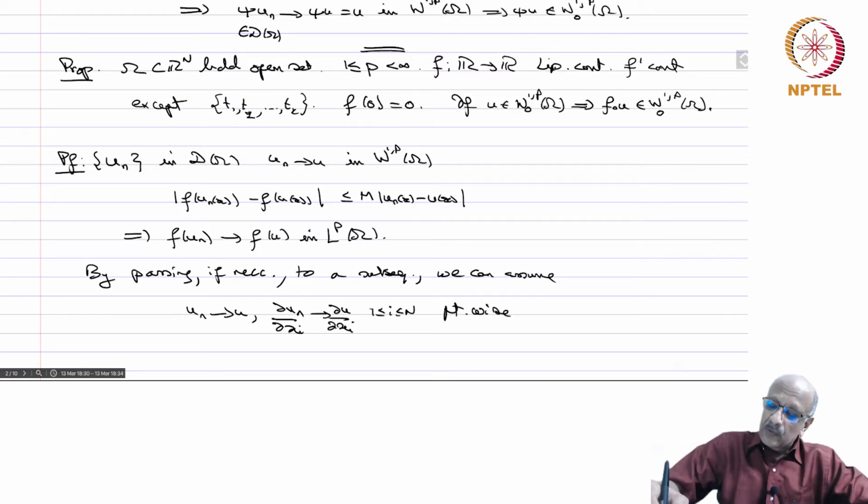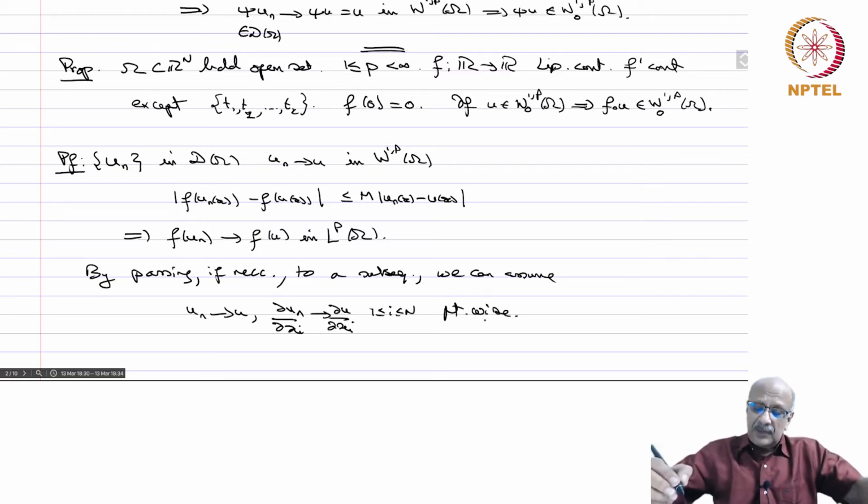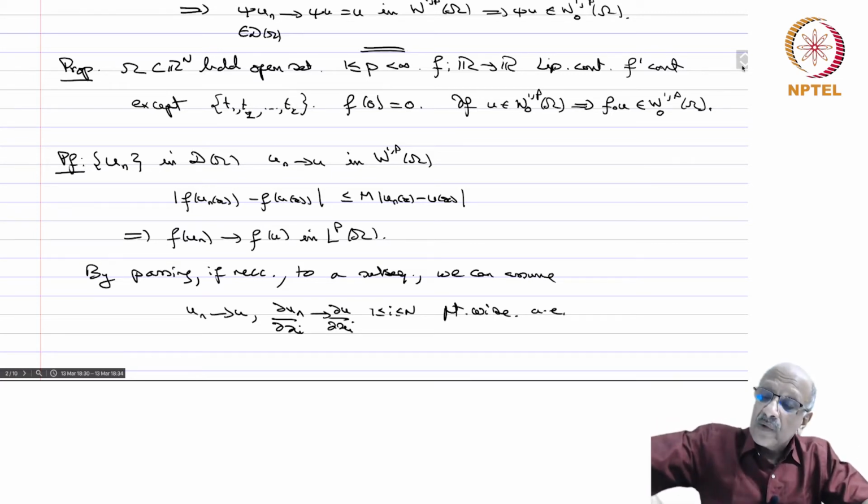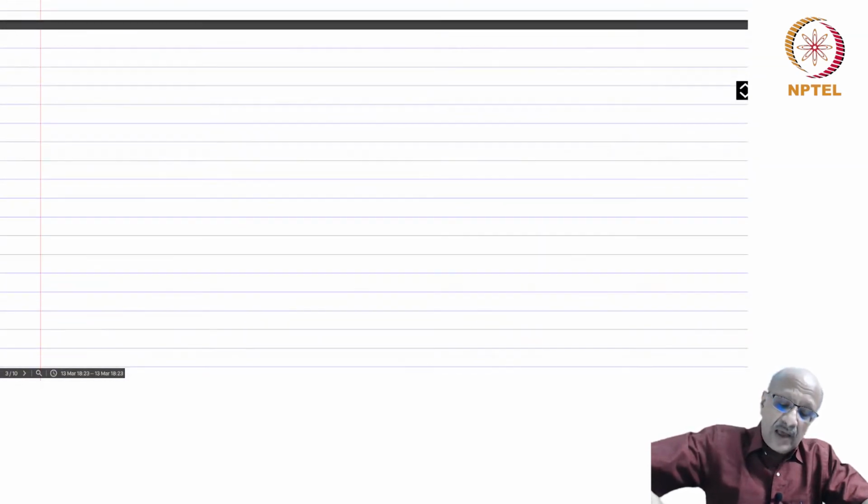Because if you have a sequence converging in L^p, then there is a subsequence which converges pointwise almost everywhere. Since you have a finite number of such sequences, you can take a common subsequence for which all of these convergences happen.